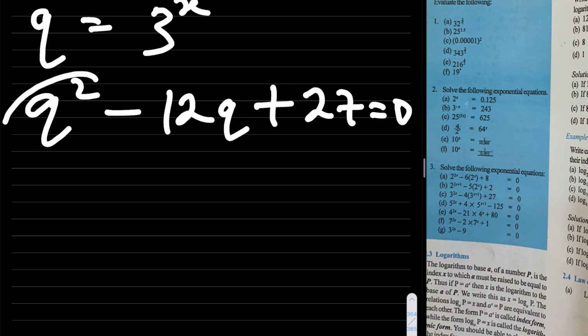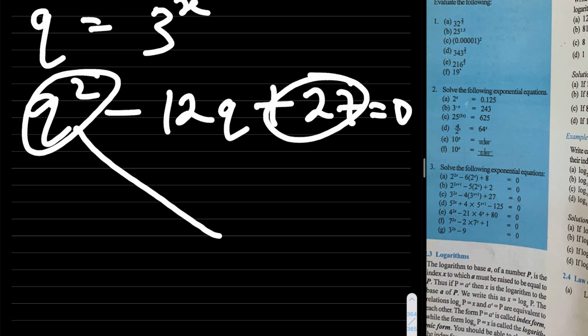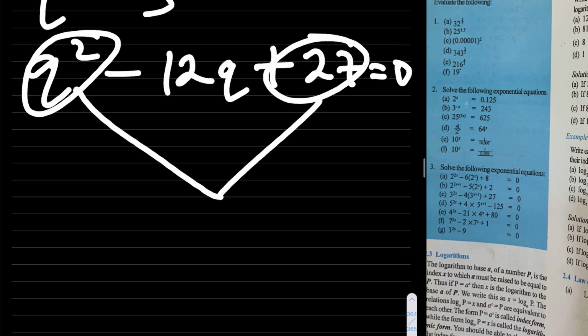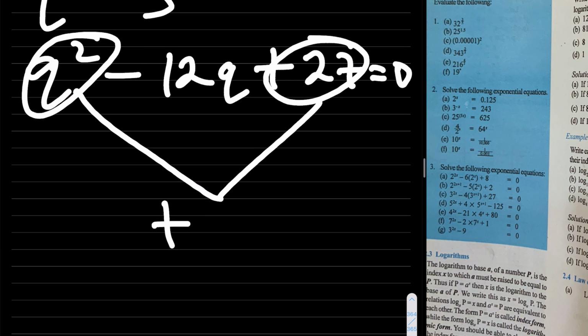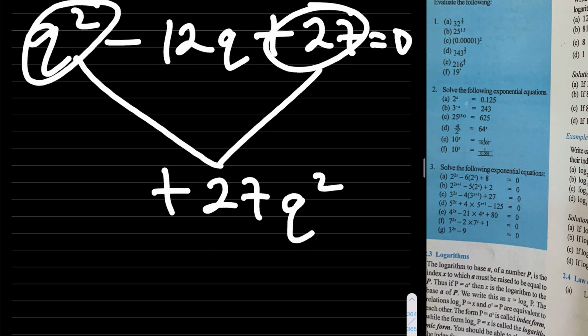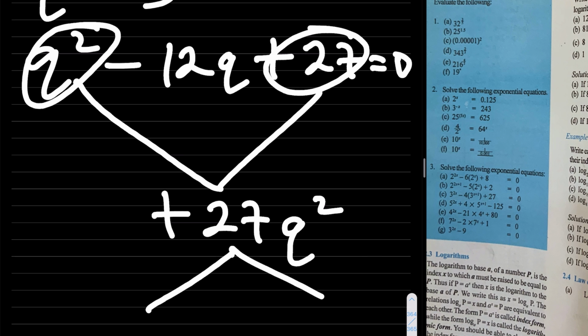So what do we now do? We solve the quadratic equation by the factorization method again. Plus 27q squared. So what are the factors whose product is 27q squared and whose sum is minus 12q?